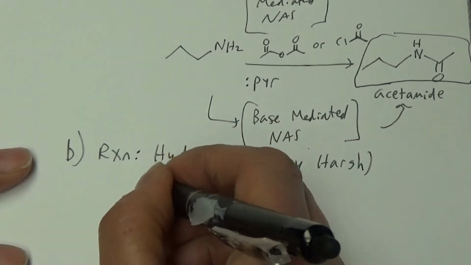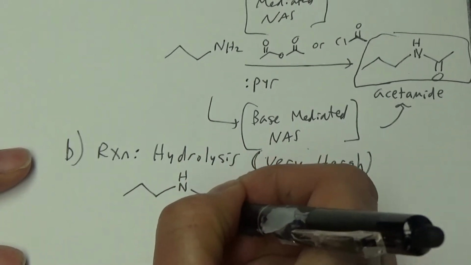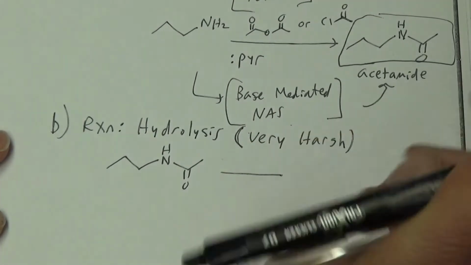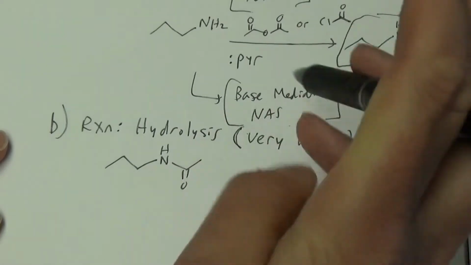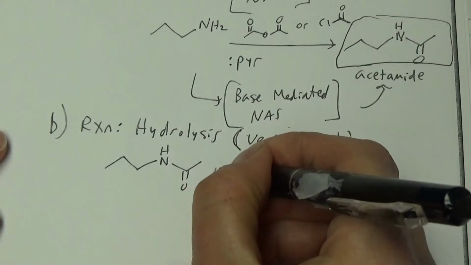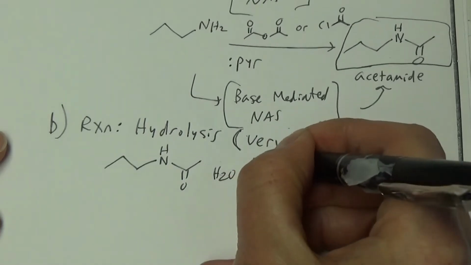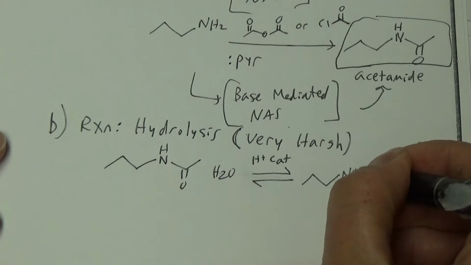One way to do it is acid catalyzed hydrolysis, kind of like acid catalyzed hydrolysis of an ester. We can even draw it the same way that we draw acid catalyzed hydrolysis of an ester.